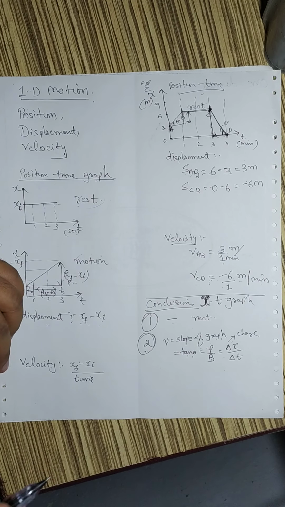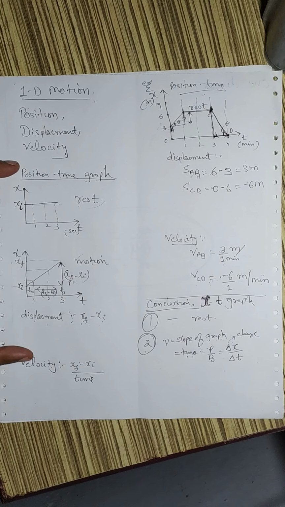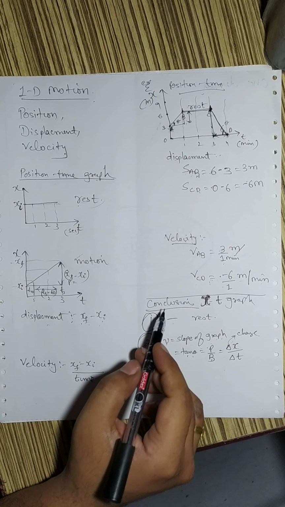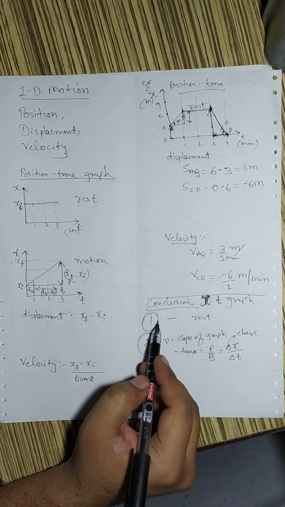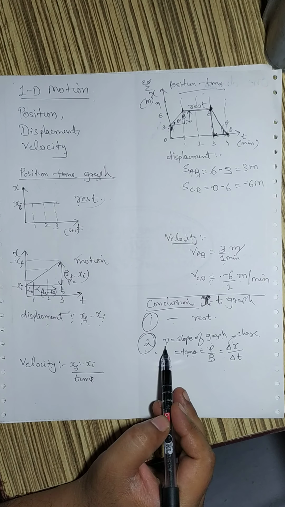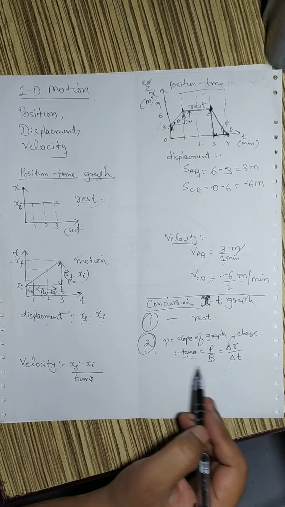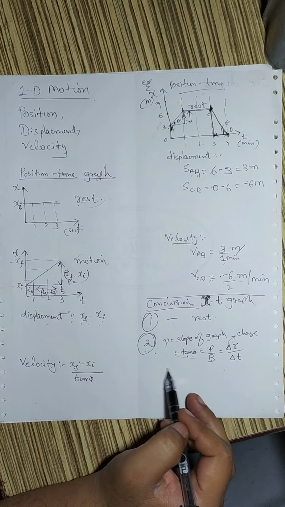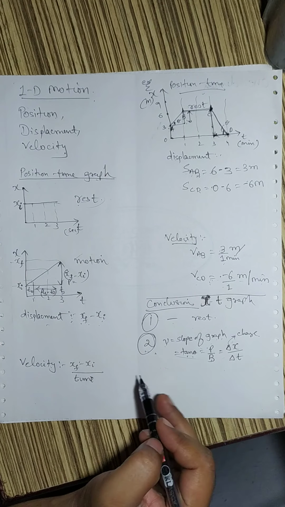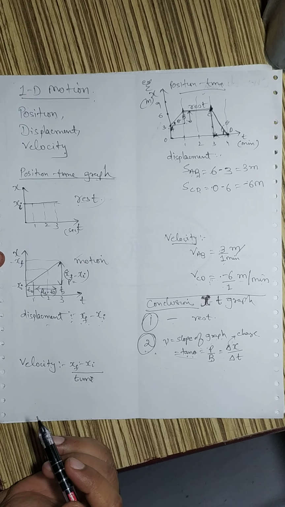I hope it's clear. So from the study of the position-time graph, we can obtain these two conclusions: a horizontal line represents rest, and velocity means the slope of the graph. You must understand this. If you have not, please rewind the video and see. Let's move on to the next part.